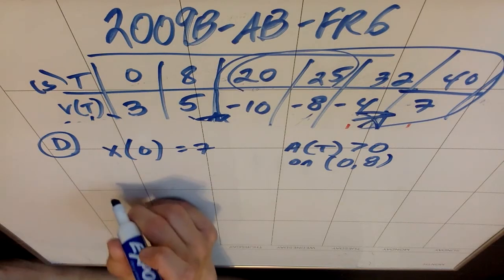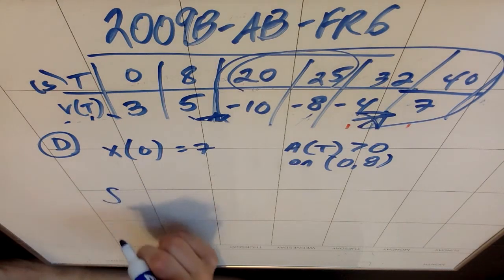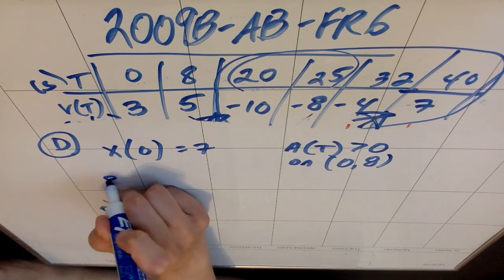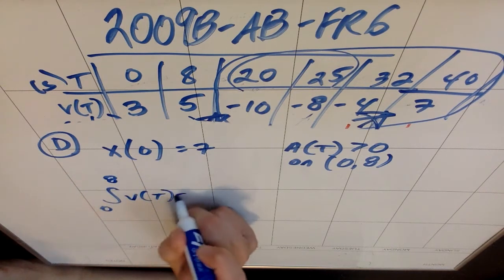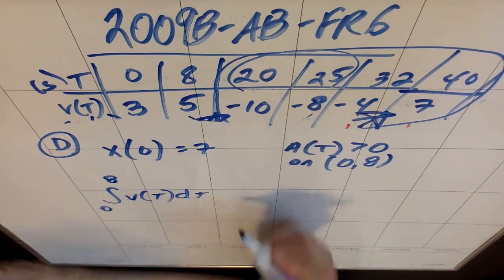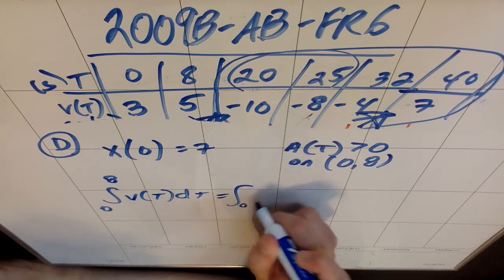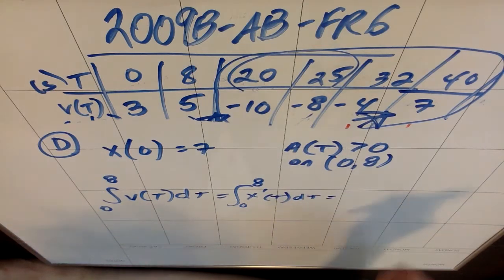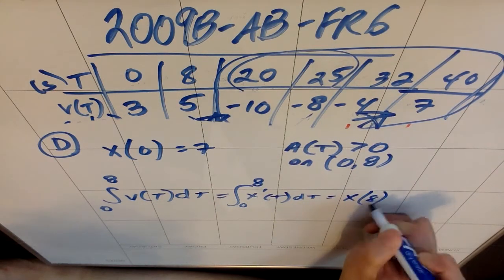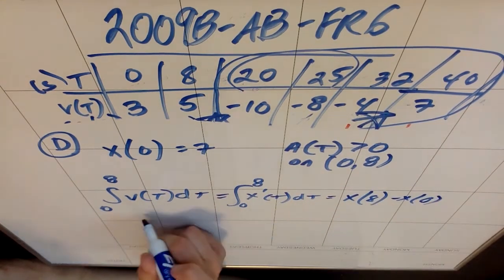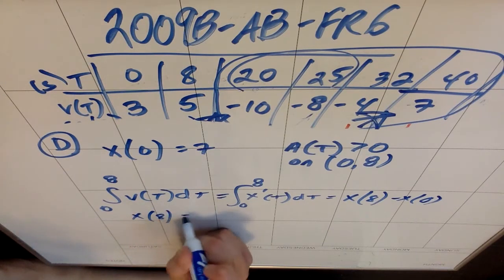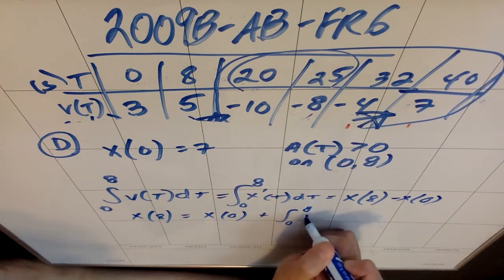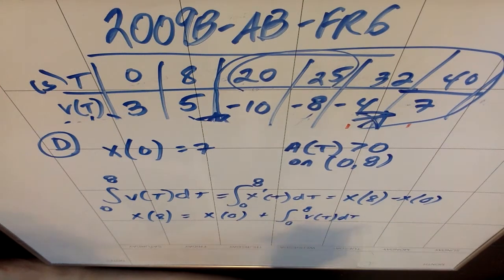I know that the integral from 0 to 8 of v of t dt is the same as the integral from 0 to 8 of x prime of t dt, meaning that is the same as x of 8 minus x of 0, right? So I know that essentially x of 8 is equal to x of 0 plus the integral from 0 to 8 of v of t dt, right?